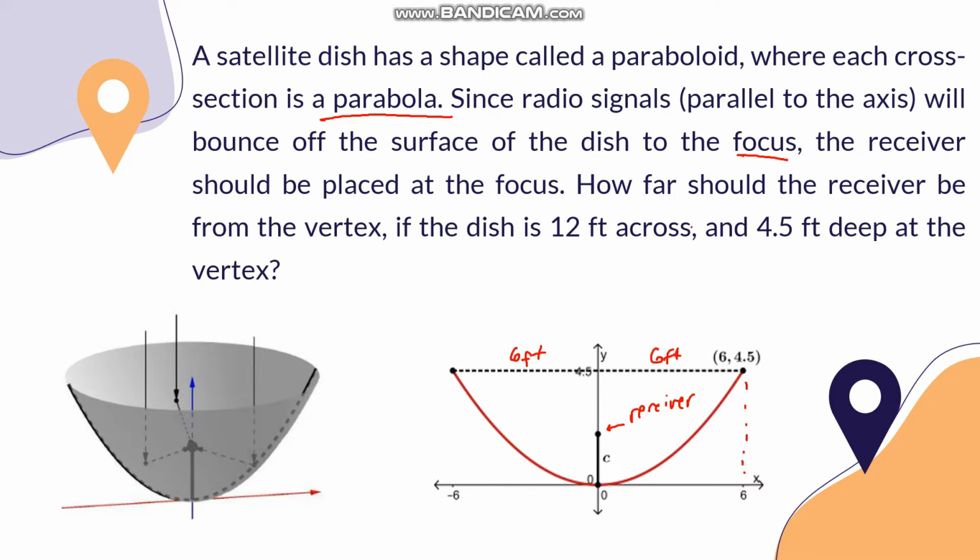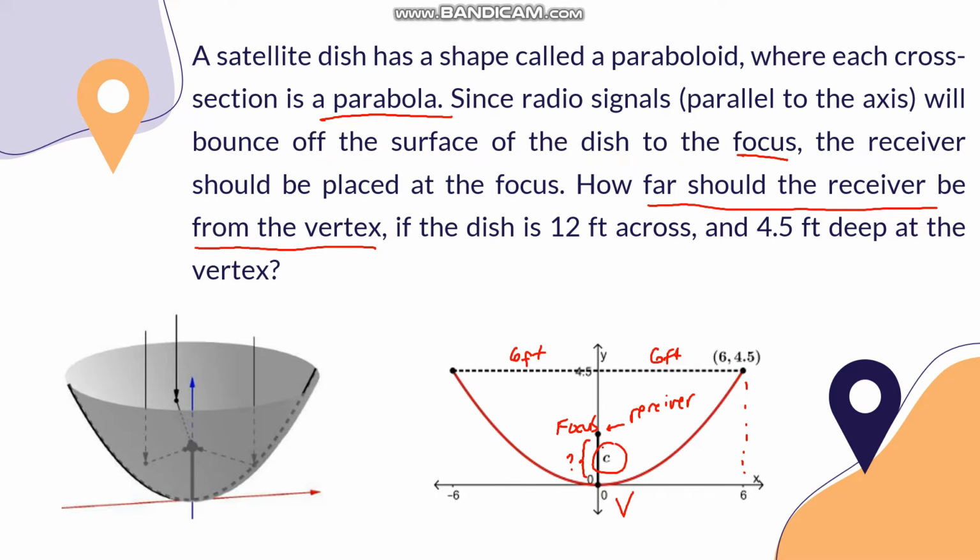Now, the question is, how far should the receiver be from the vertex? This is our vertex. Again, as you notice, we use the origin as the vertex this time. How far? This is the one that we're solving. Since we know that this is the focus and this is the vertex, that means we are solving for the variable c.